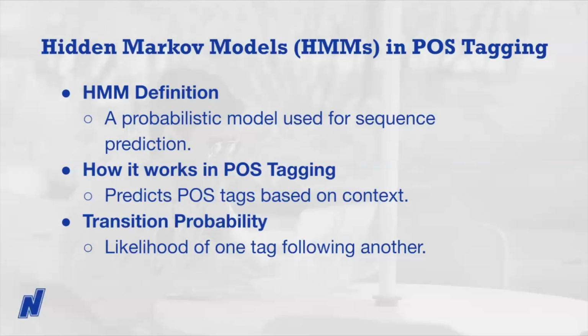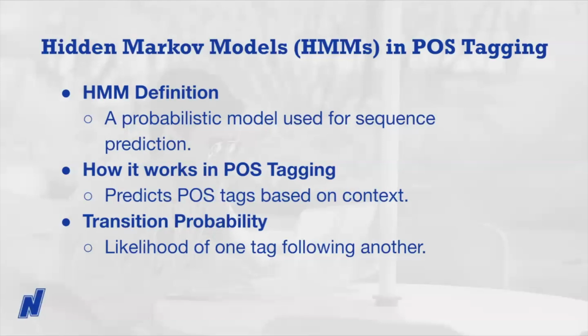First, let's talk about what an HMM is. An HMM is a type of predictive model that predicts sequence based on hidden states. So remember that: it's a model that predicts sequence based on hidden states. In the context of POS tagging, these hidden states are the parts of speech tags. The goal of the HMM is to determine the most likely sequence of POS tags for a given sentence.